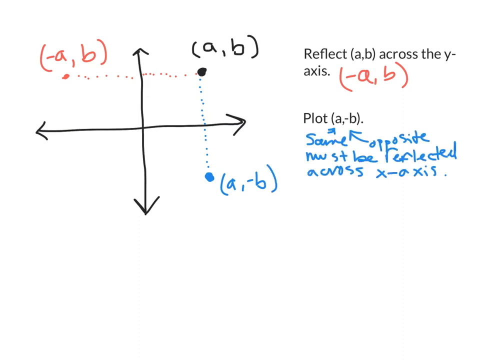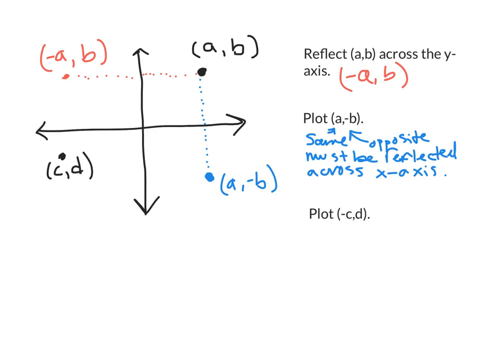Okay, now I'm really going to try and mess with your head. This time, we're going to plot a point over here, and we're going to call this one CD. And now I want you to plot negative CD. Think about it for a minute.